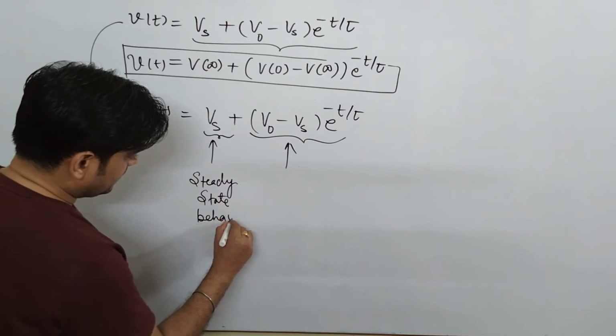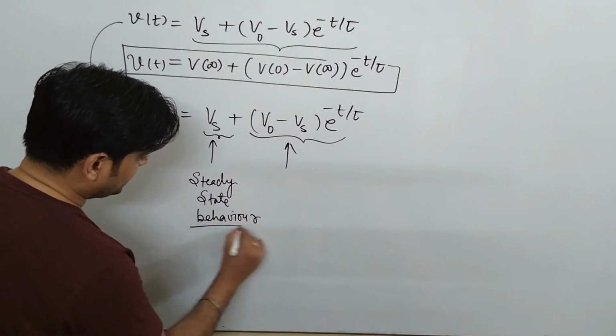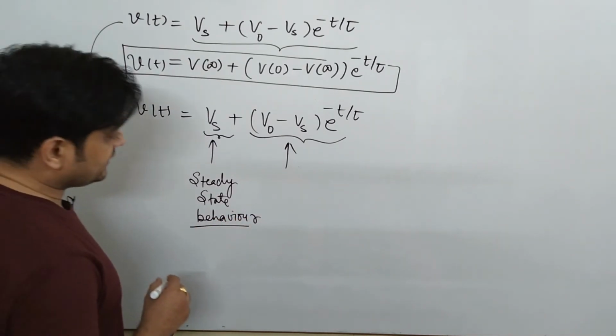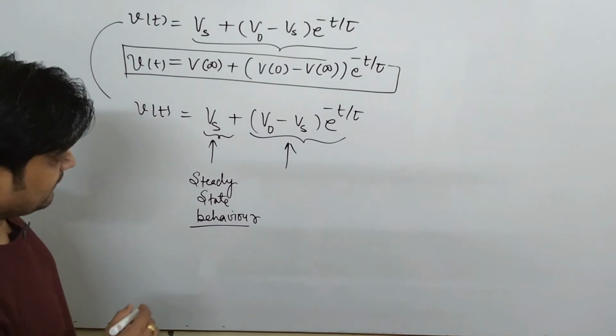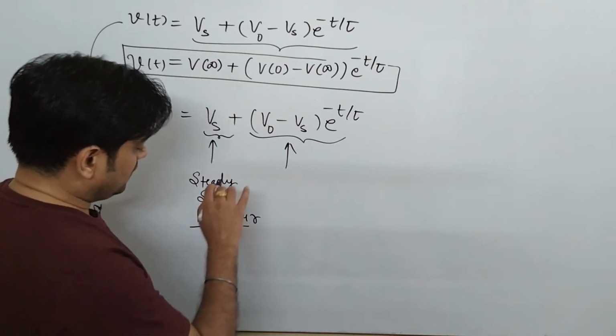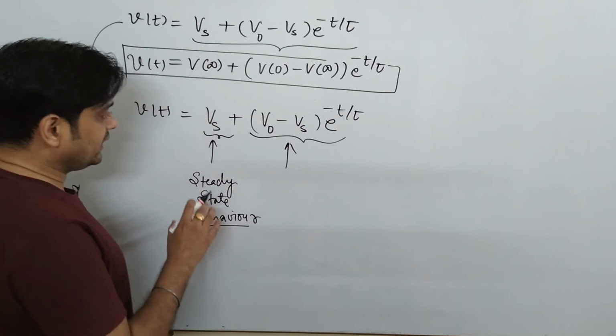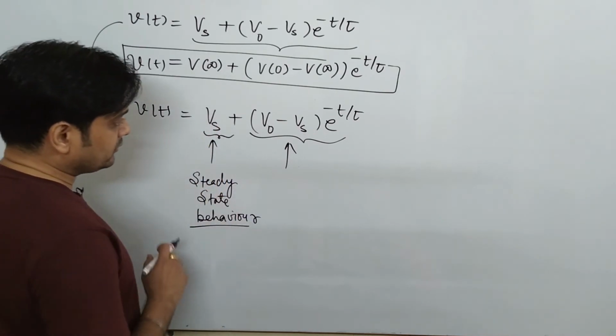That means it does not depend upon the value of time, at what instant the voltage is applied, or what is the solution of the network, the final value does not depend upon this value.